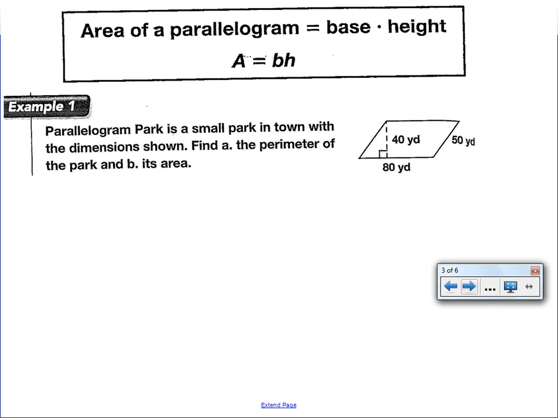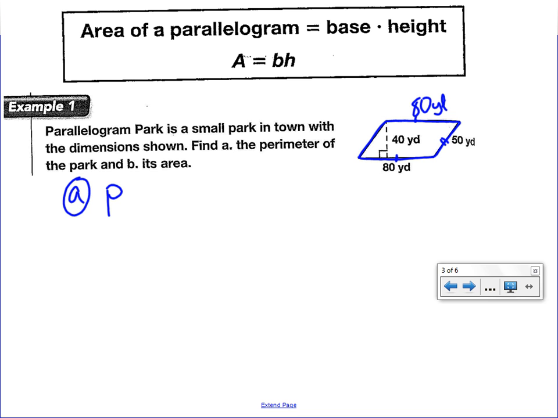First of all, finding A should be relatively easy for us because we have been told forever and ever that the perimeter P is the distance around, okay, around the edges. So that would be this distance right here. So because these sides are similar, we know that since this side is 80, this side is also 80 yards.